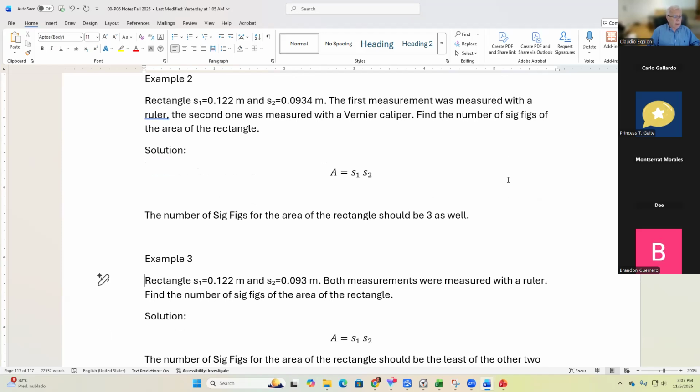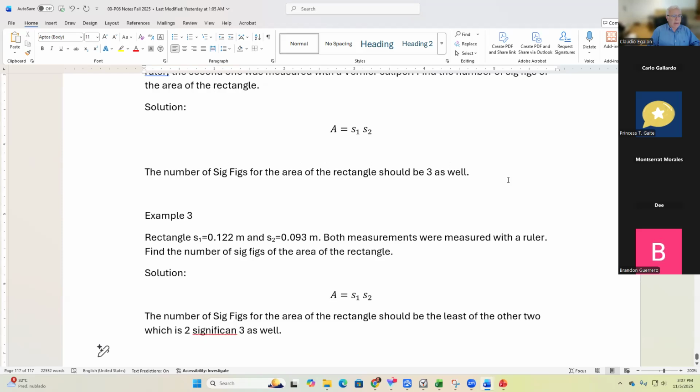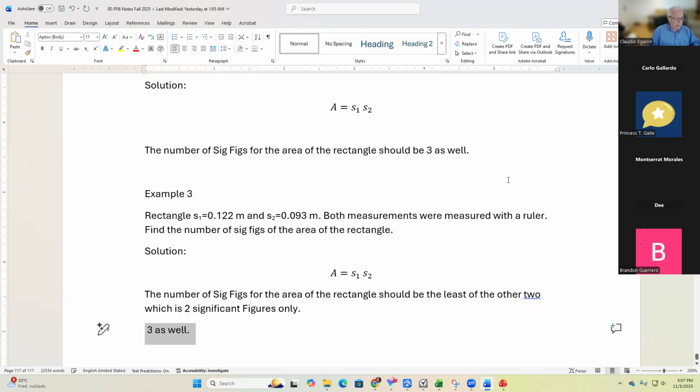Because of that, one measurement has 3 significant figures and the other has only 2. Consequently, when we take the area of this rectangle, we must display the result with 2 significant figures only. Okay, so that we covered before.